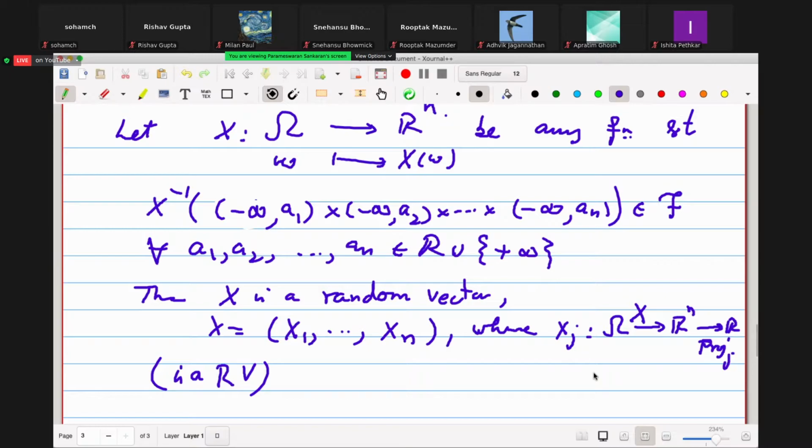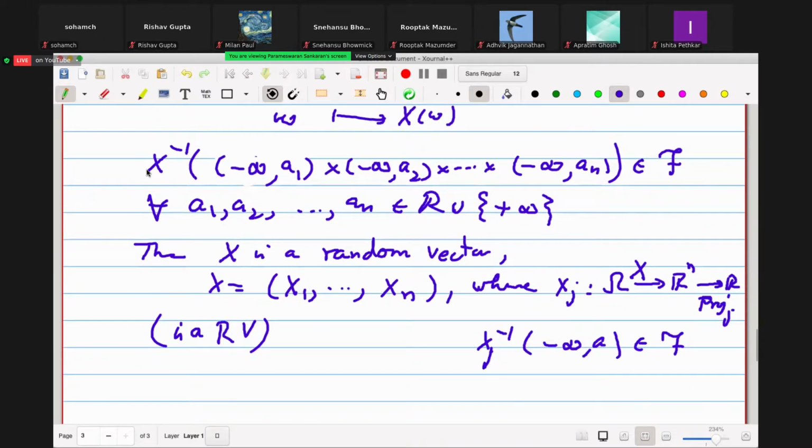Meaning, if I take an interval, xj inverse of minus infinity to a, this must be in F, and this is guaranteed by this condition. I write here a note: for all a in R, this is in F. So this is what makes xj a random variable.